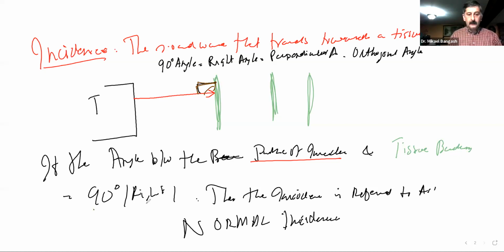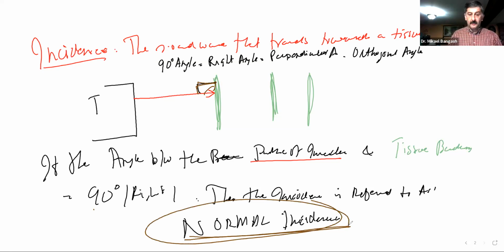A right angle, a 90-degree angle, a perpendicular angle, or an orthogonal angle of your incidence is going to be referred to as a normal incidence. You will come across this term again and again.